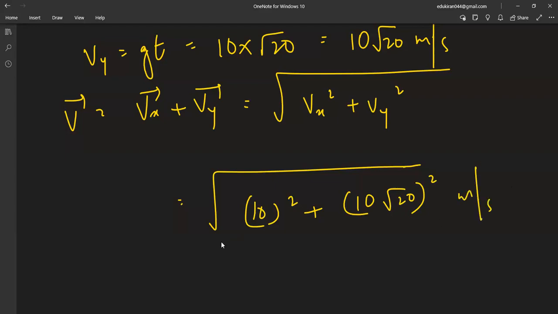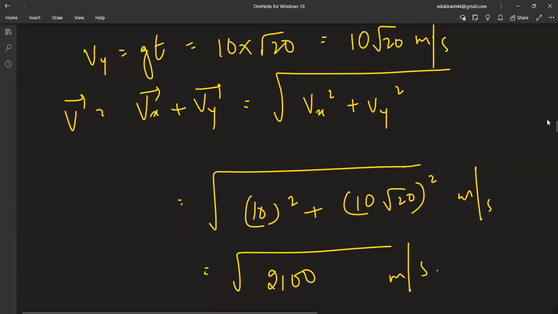So 10 square is 100. From here you have 20 into 100. Please check this and let me know. This should be 100, this is 2000, 2100. Cross check and let me know. This is how you have to solve.